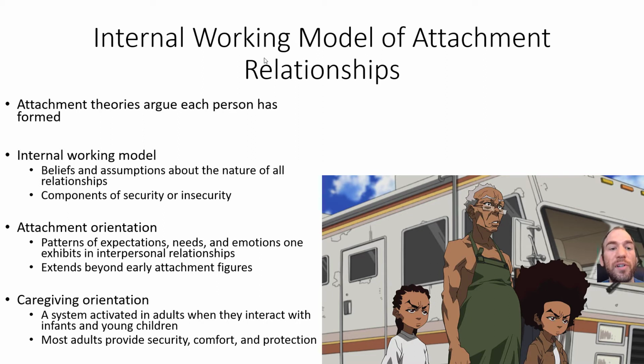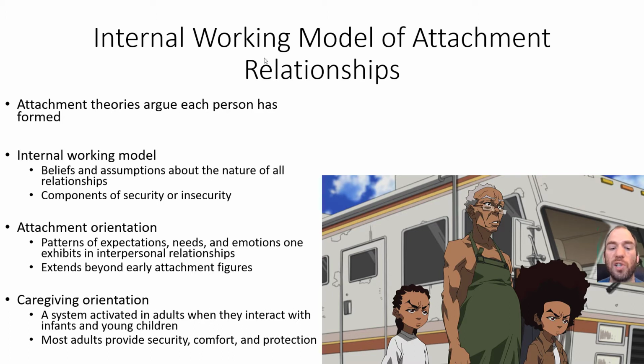Attachment theorists argue each person has formed an internal working model, that is, beliefs and assumptions about the nature of all relationships, the component of security or insecurity, attachment orientations, patterns of expectations, needs, and emotions one exhibits in interpersonal relationships. It extends beyond early attachment figures, and caregiving orientation, a system activated in adults when they interact with infants and young children.